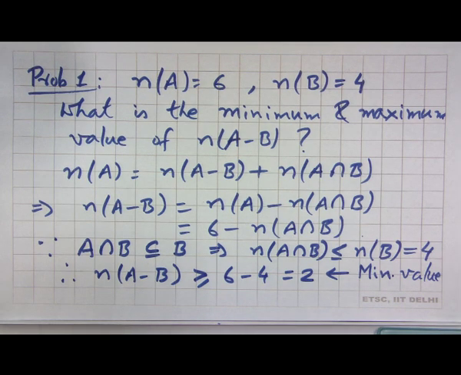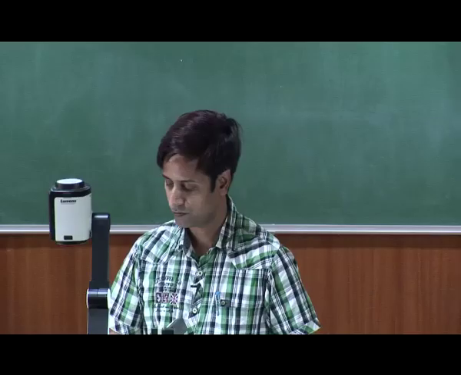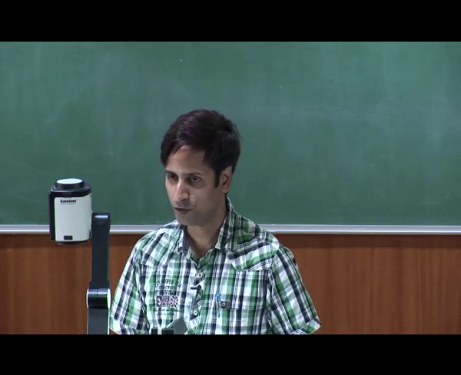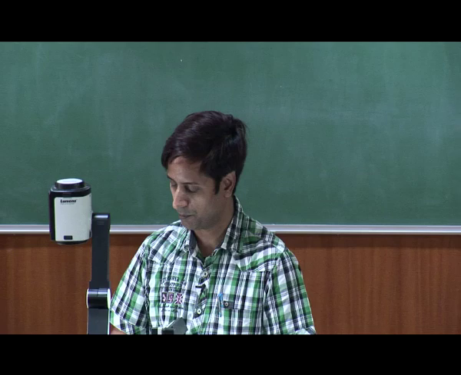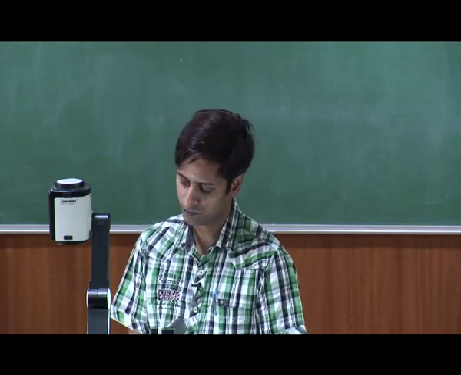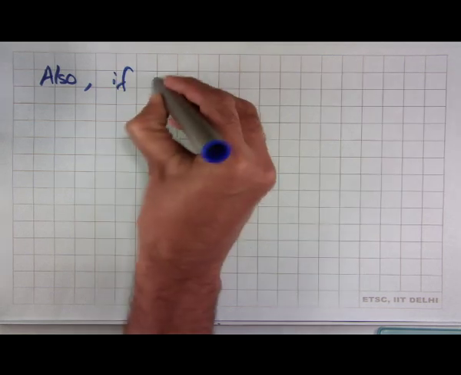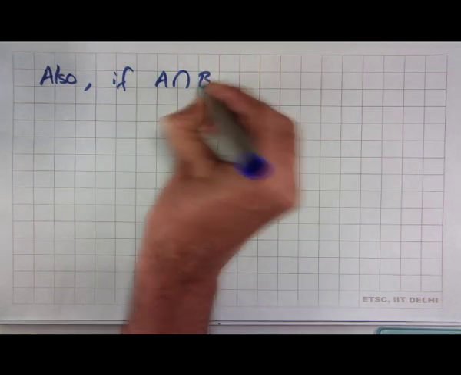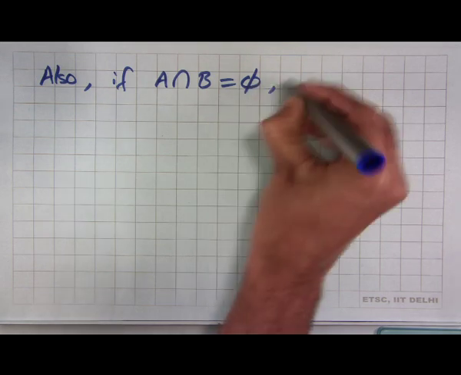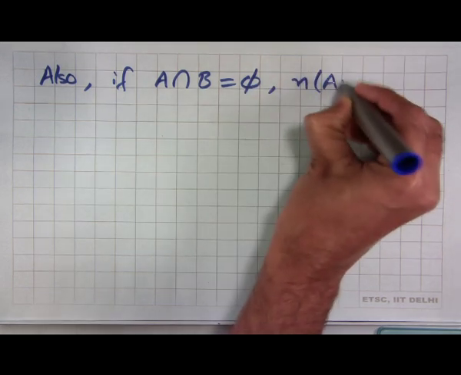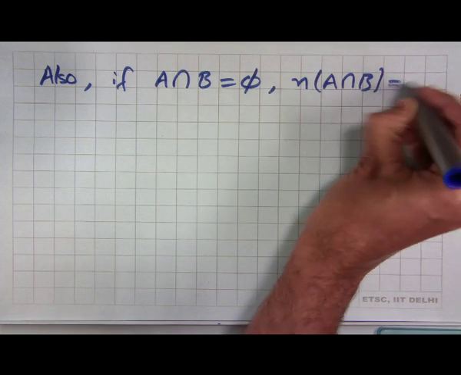and for the maximum value we have to ask what is the minimum value that A intersection B can take. So, given that A and B are any two sets, it is possible that A intersection B is the empty set. So, also if A intersection B is empty, then n of A intersection B is equal to 0.